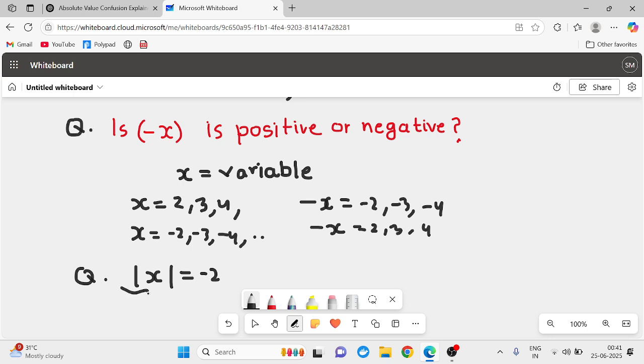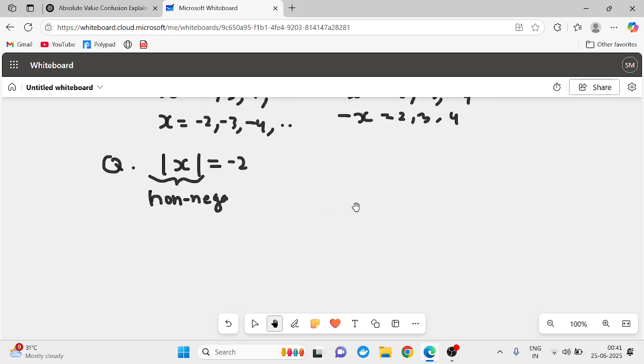So the left hand side is the absolute value, which is better to say positive or 0, or better to say non-negative. Okay. But the right hand side will be a negative quantity.